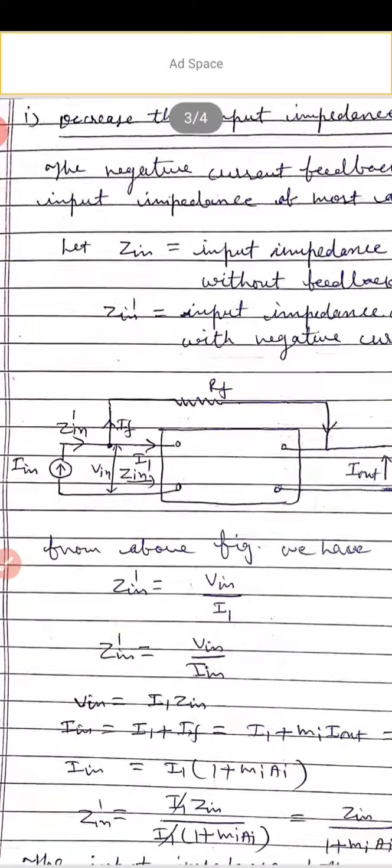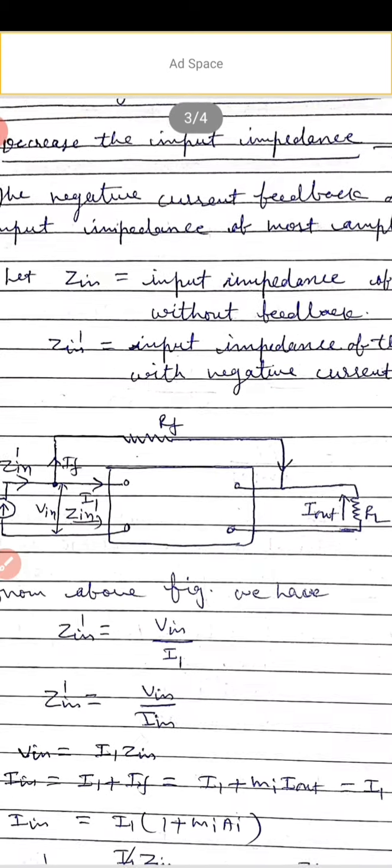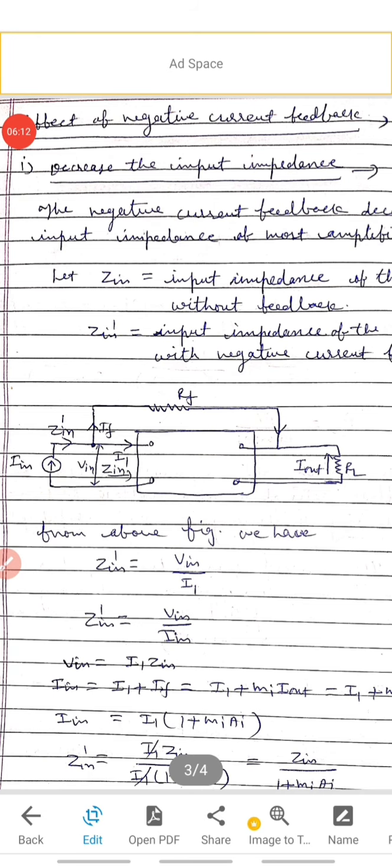This is the circuit diagram for finding the input impedance with negative current feedback. It is clear from the figure that Zin is equal to V in divided by I1, and Zin dash is equal to V in divided by I in.